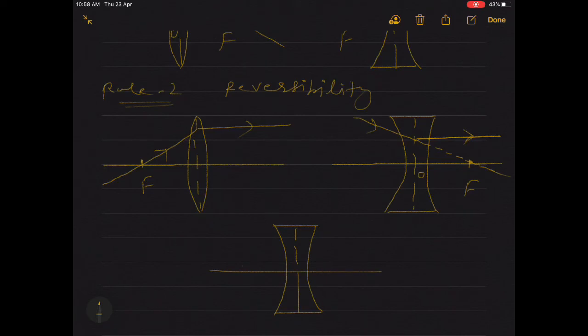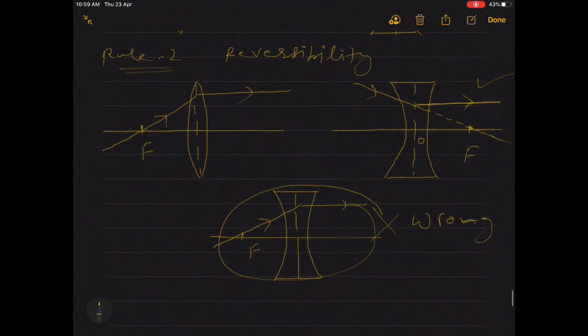Let us understand how this simple mistake is committed by children. If you take this ray and draw it like this, it is not correct, this is wrong, this is right. So the reversibility, I think, is very clear to you, and it's very important when we draw the ray diagrams for spherical lens image formation.